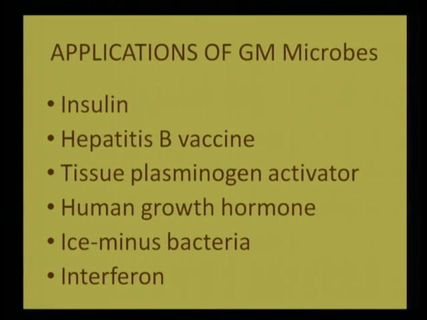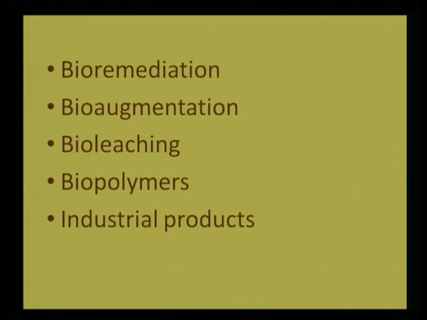Here is a list of products and groups of products: insulin, hepatitis B vaccine, tissue plasminogen activator, human growth hormone, ice minus bacteria, which is not a product but the microorganism itself, and interferons. Some are processes, like bioremediation, bioaugmentation, bioleaching, biopolymers, and industrial products.